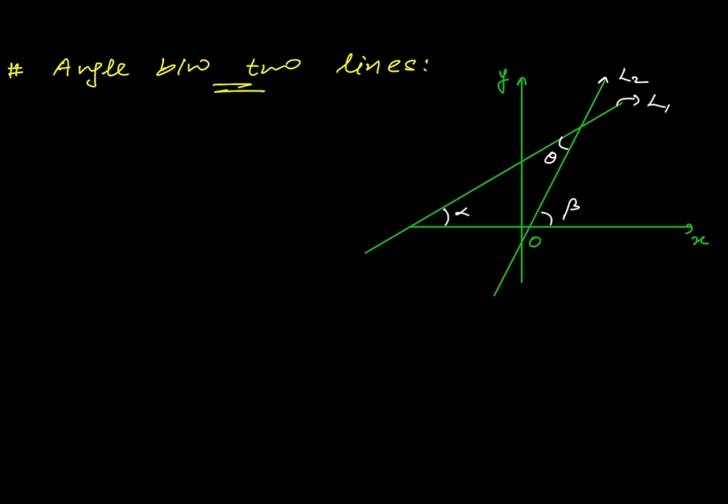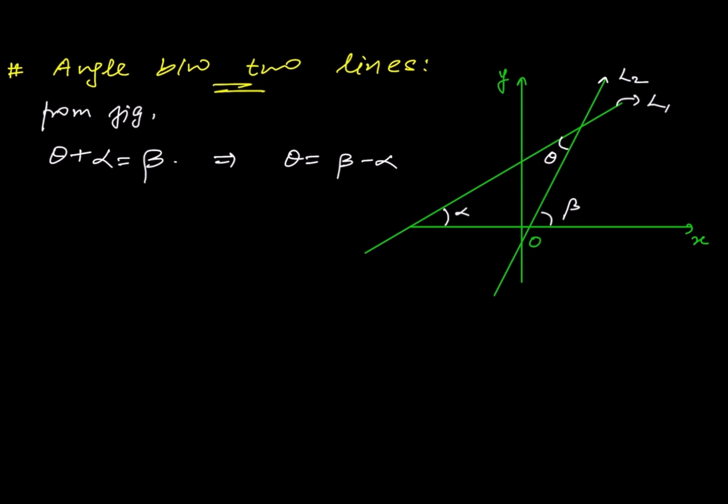So from the figure I can say theta plus alpha is equal to beta, or theta is equal to beta minus alpha.